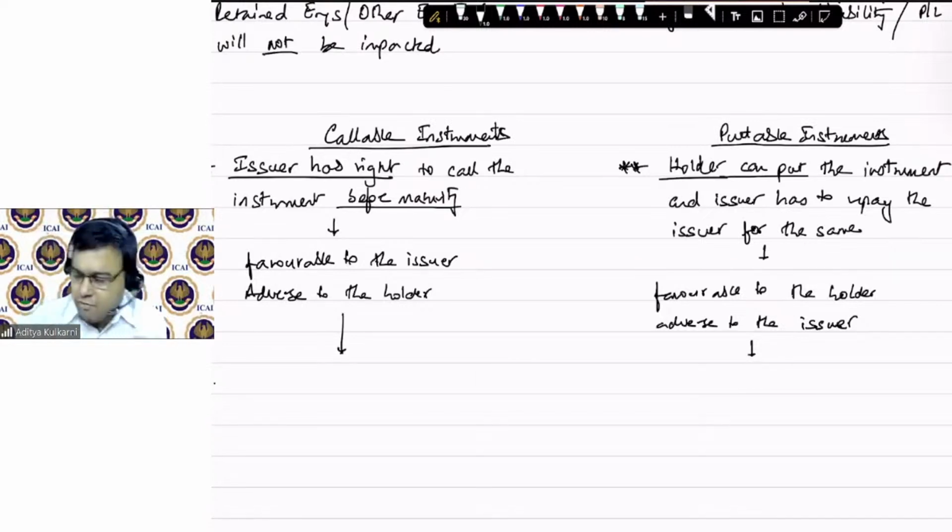So therefore, let us now look at a case where there is a plain vanilla instrument with no exotic features.